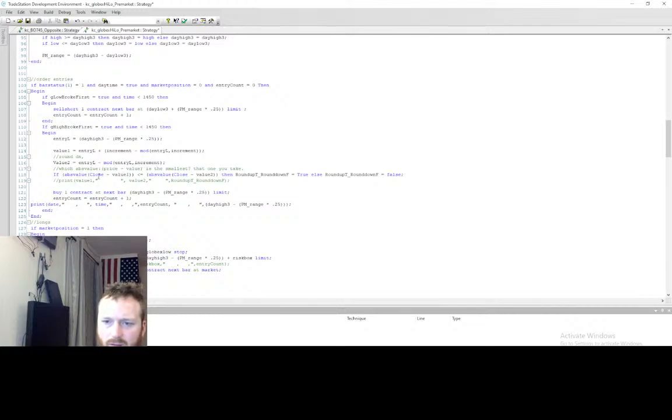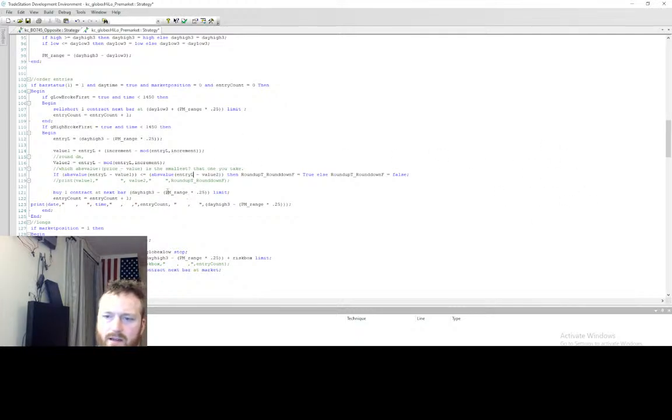Now, if the absolute value of the entry long minus value 1 is less than this minus yada yada yada, it tells me which way to do it.